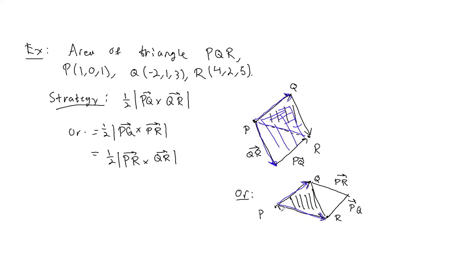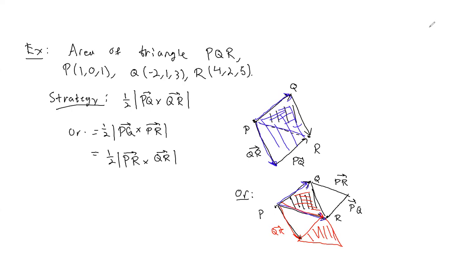That would be these two, so that would be PQ cross QR. And it all ends up being the same exact thing. Once again, you get half of this area, but these two triangles are just the same exact triangle. So it really doesn't matter which ones you use. It'll all come out to be the same area no matter what.